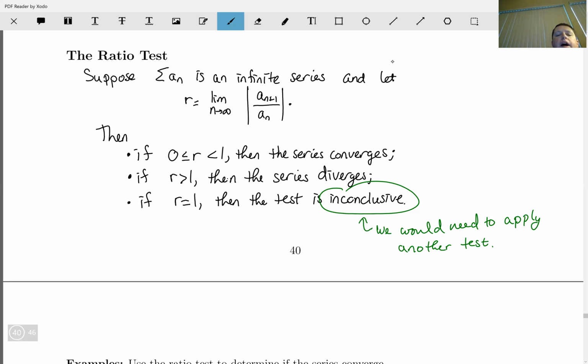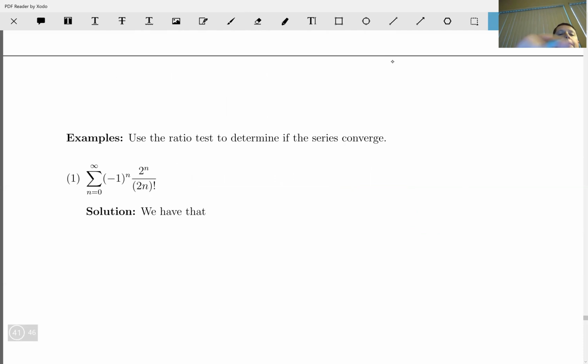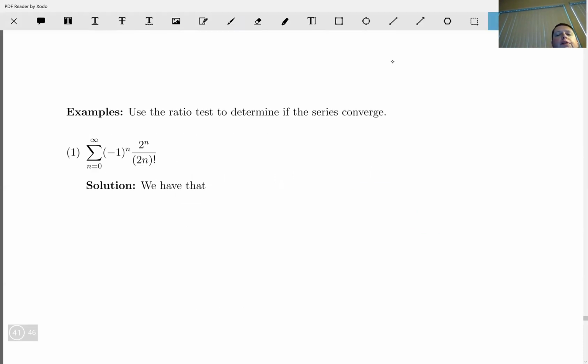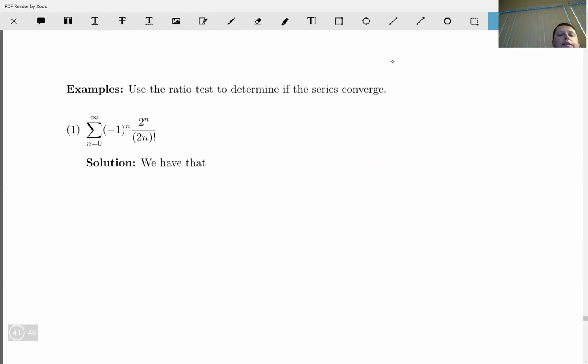All right, well, that's kind of all there is to it. Let's just do some examples then, shall we? All right, so we want to use the ratio test to determine if the series converges. So a sub n is literally what you're summing, and it doesn't matter where the series starts.